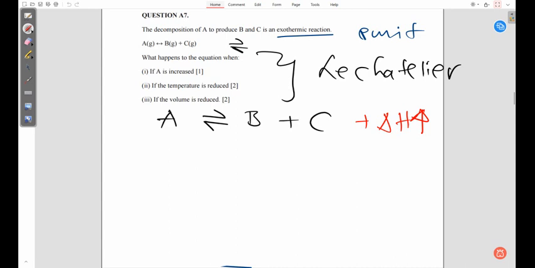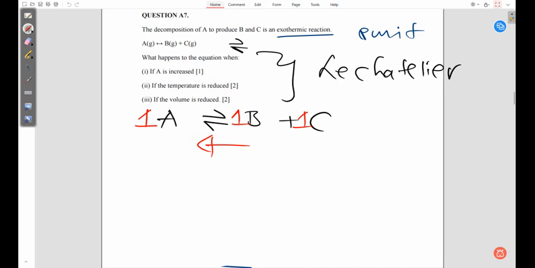Now for volume, if the volume is reduced, this is where you look at the moles that we have. Here we've got a single mole for the reactants, and for the products 1 mole plus 1 mole giving us 2 moles. So reducing the volume would favor the side with fewer moles. So if you reduce the volume, it's going to favor the backward or reverse reaction, because we reduce the number of moles, so the volume is reduced.